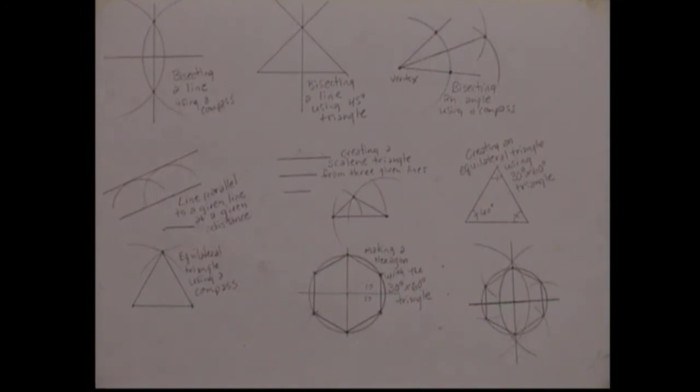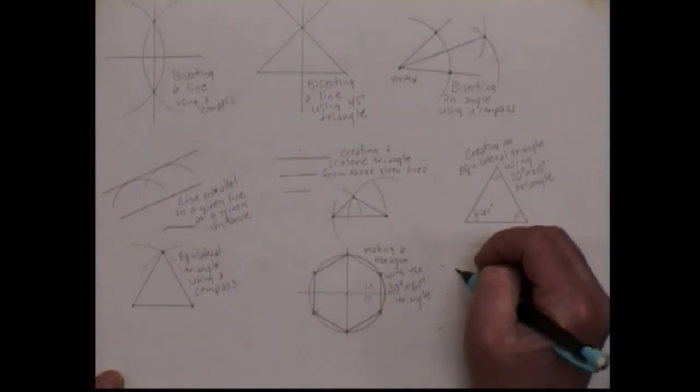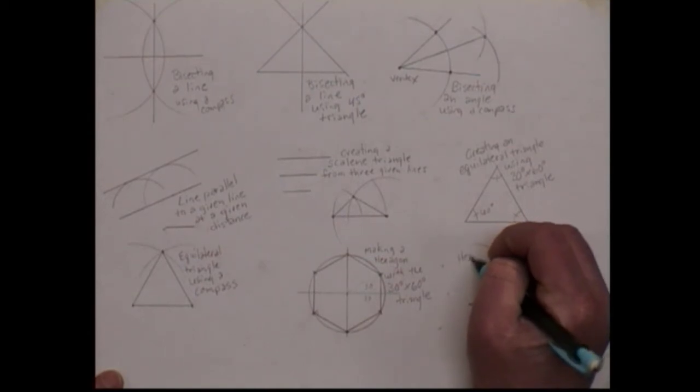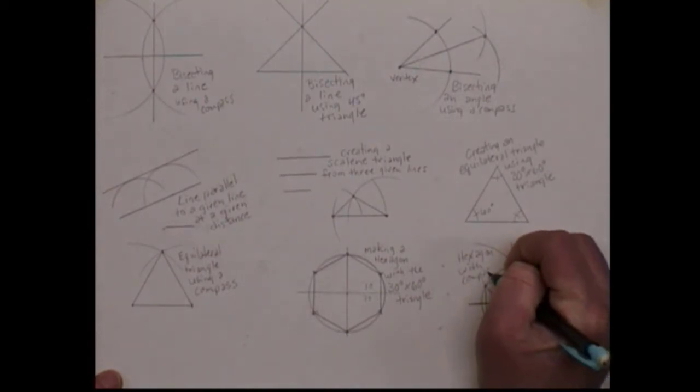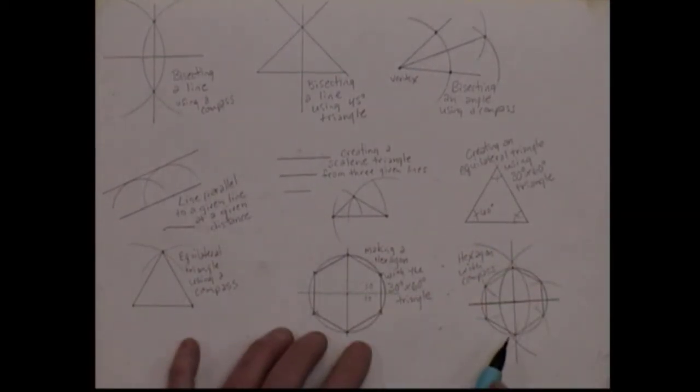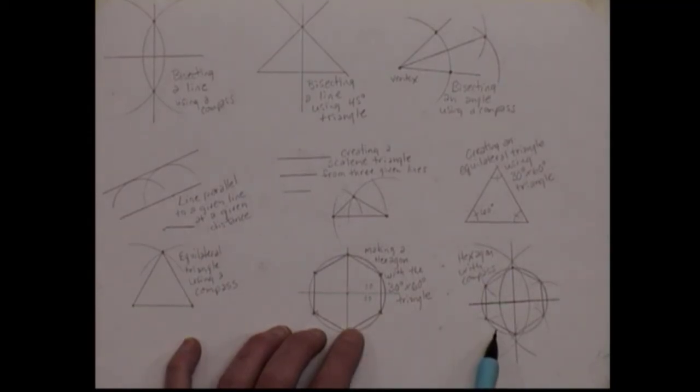All right. So what is common with these two hexagons? We know we made this one with a compass. But what's common between these two besides the fact that they're just hexagons? Where is our construction circle? The construction circle is actually on the outside, so our hexagon is on the inside.